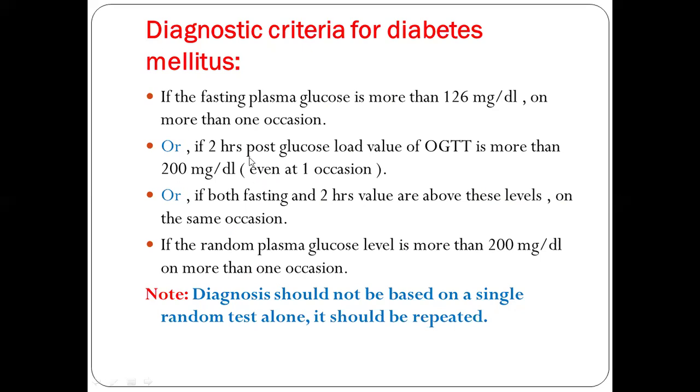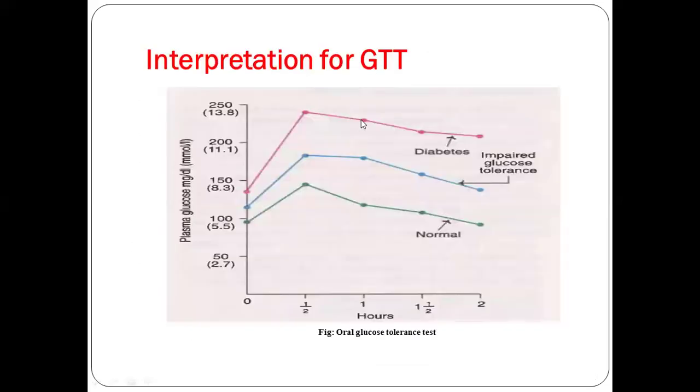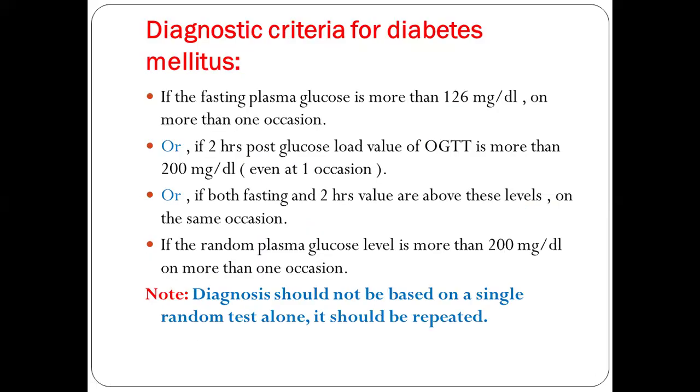Or if the 2 hours postprandial glucose load value is more than 200 mg, even on one occasion, we can also confirm that the person is suffering with diabetes. So that means postprandial after glucose load, at least one occasion is more than 200, and fasting on one occasion is more than 126 mg per deciliter. That confirms the person is suffering with diabetes mellitus.